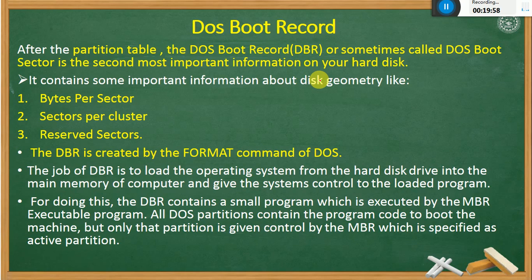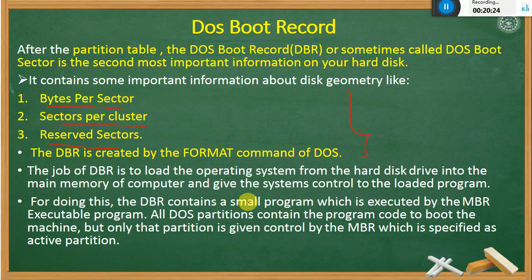A DOS boot record, that is the second part. DOS boot record holds a partition table which has the information about the sectors, secondary information about the tracks and cylinder. Generally, DOS boot record holds bytes per sector, sectors per cluster and reserved sectors.